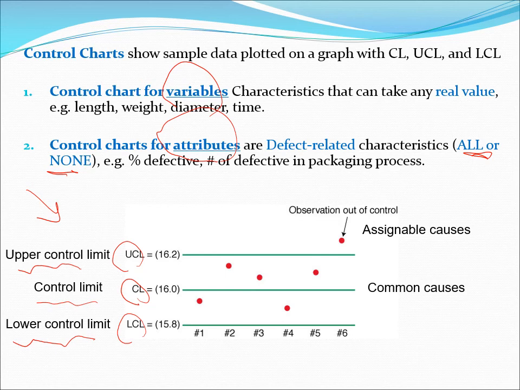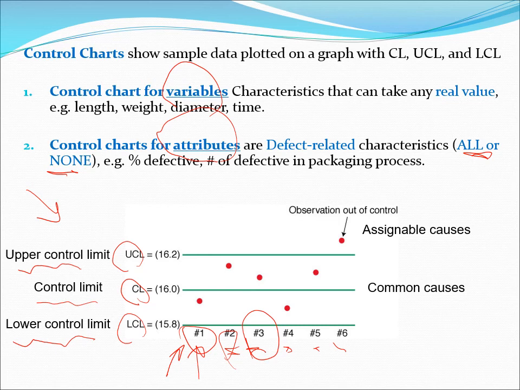On the x-axis, you have number 1, number 2, number 3, number 4, and so on. This number could be batch number 1, a sample taken from batch number 1, a sample taken from batch number 2, a sample taken from batch number 3. So we are taking different samples from different batches, and we need to know the variation between batches here.